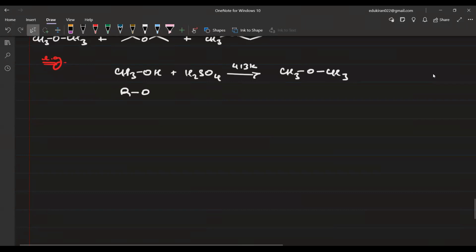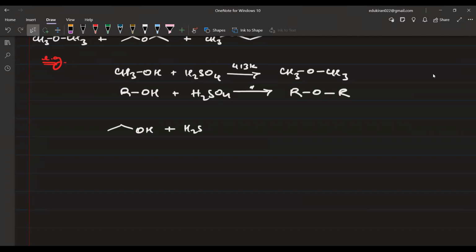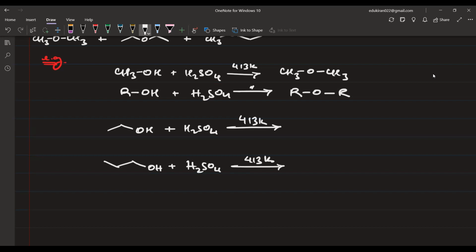So the general formula is ROH plus H2SO4 at 413 Kelvin will give you ROR. Okay. Write the products for these two.